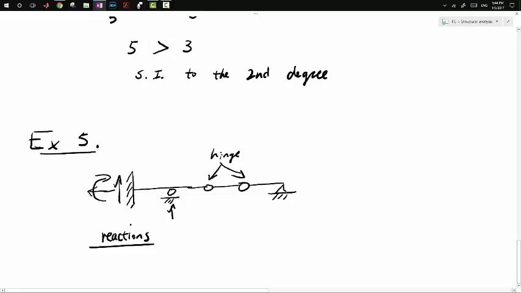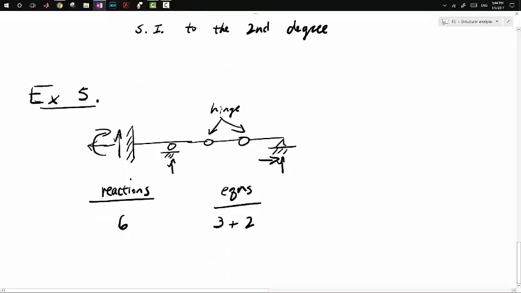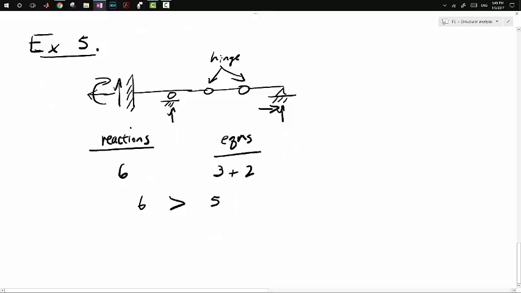We have 1 here, and we have 2 here. So if we count those up, we got 1, 2, 3, 4, 5, 6 reactions. And we have how many equations? Let's see. 3 plus these hinges count as 1 each, so 2. So 6 is greater than 5. So by our previous conditions, we would say that this is statically indeterminate to the first degree.